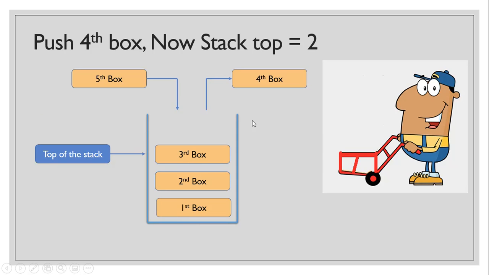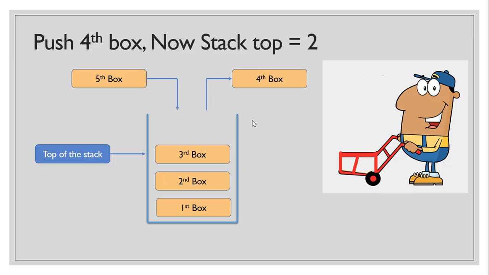Now, what do we have to do? We have to remove the topmost box from the stack, and then only we can push the fifth box into this container, correct? So we need to take out the fourth box from the stack and push that fifth box onto the stack.